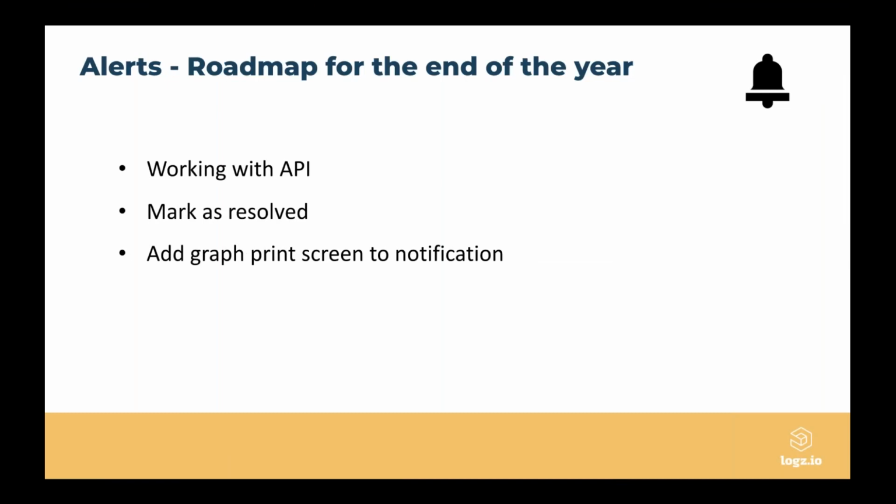I'm going to talk in two sentences about what we're planning to add by the end of the year. We're working on opening the Grafana API for you to work with, a marked-as-resolved status, and several integrations like PagerDuty, OpsGenie, and more, and adding the graph print screen to the notification.